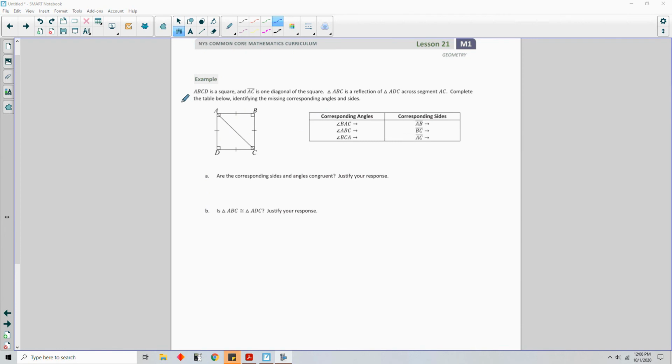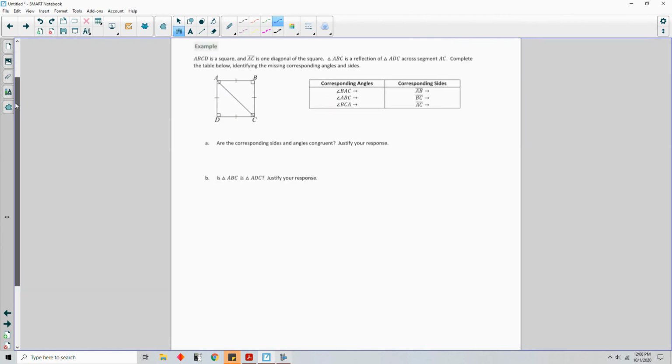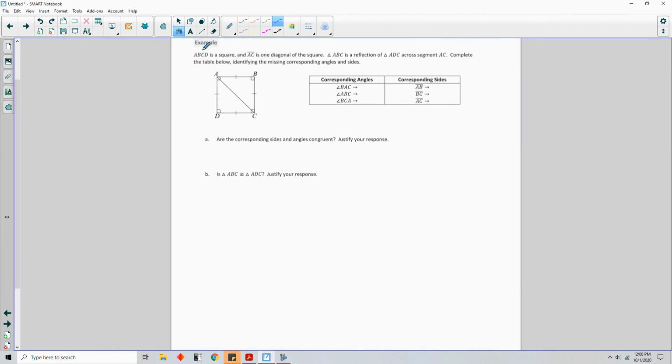Okay, page 2 brings us to an example, and it says, ABCD is a square, and AC is one diagonal of the square, so there it is. Triangle ABC is a reflection of triangle ADC across segment AC.